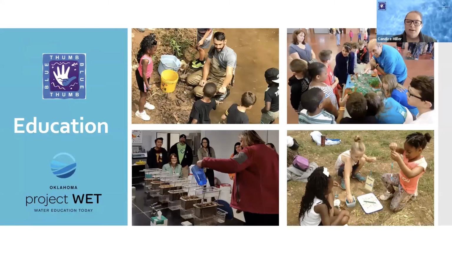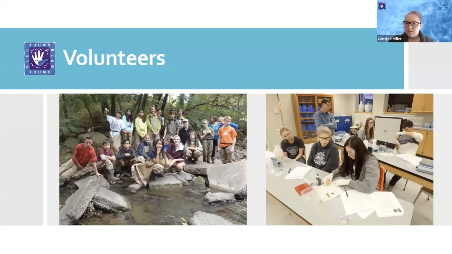Don't want to go too far there, but I will stop sharing here and go back. Oh, yes. So it occurs to me maybe we needed to define citizen science before we started, but everyone's here today. And this is an excellent example of the range of kinds of activities and participation that you and your students can have in a citizen science project.